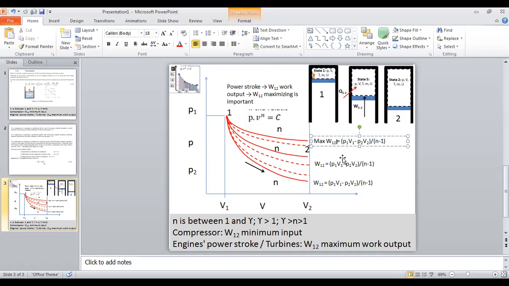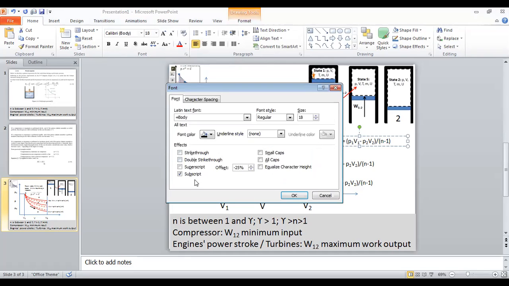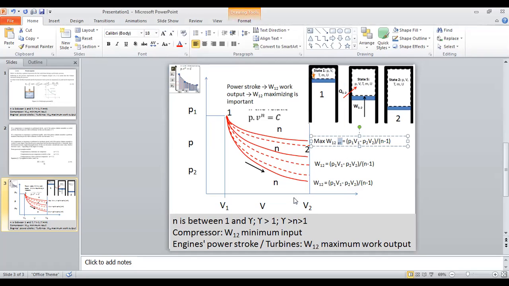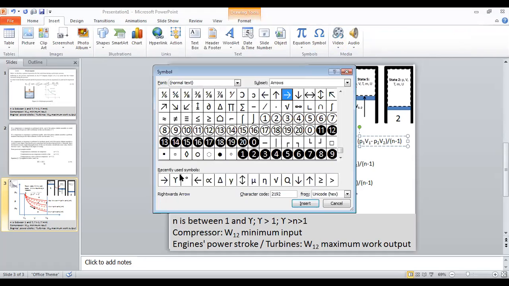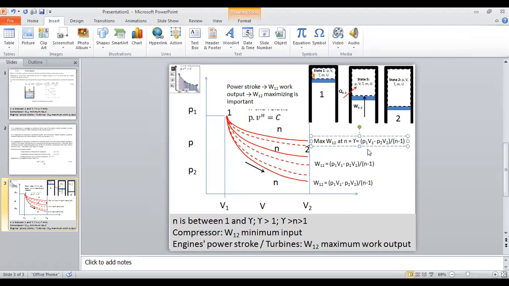Okay, this happens at n equals what? Gamma. You can even prove this. At n equals gamma.